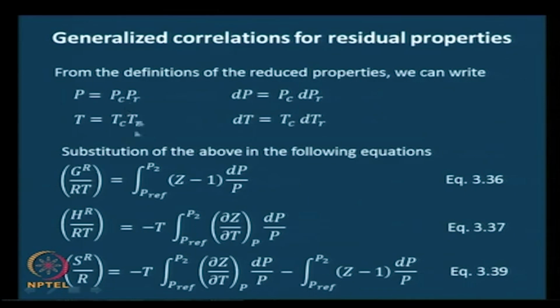For example, for T you put in Tc Tr, for dP you could put Pc dPr, and P would be Pc Pr, and the Pc would cancel out here, and when you are integrating with respect to the reduced pressure Pr, it makes sense to have the limits of integration in terms of the reduced pressure. Therefore, these would automatically change and we could get expressions in terms of the reduced properties.